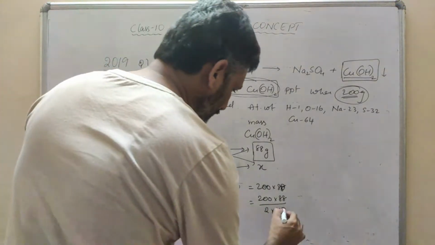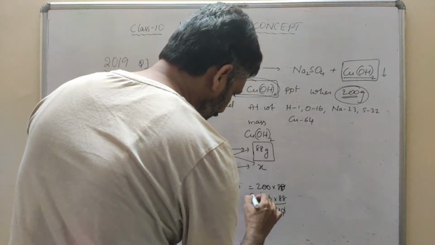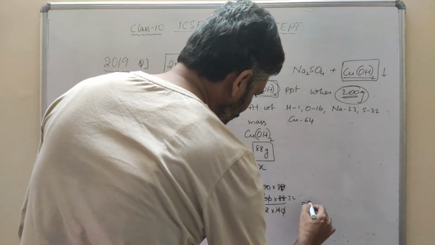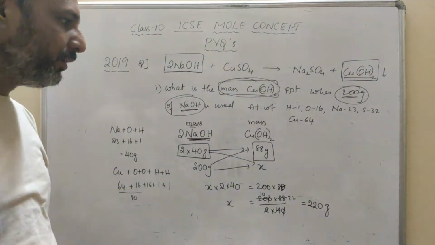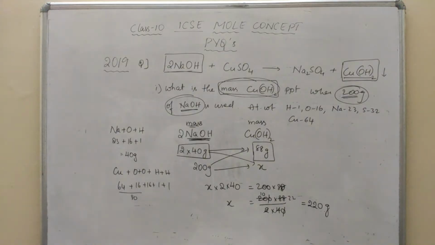Now you can cancel the zeros. 2 goes into 10 five times... so 10 into 22, that is 220 grams. So if you take 200 grams of sodium hydroxide, you can prepare 220 grams of copper hydroxide. So these are a few questions on mole concept given in previous years.